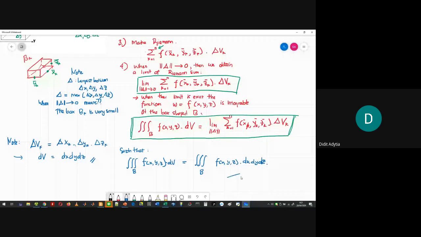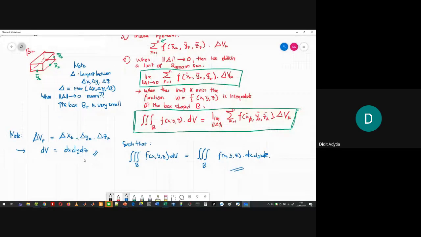This is how we calculate it, and how we define the triple integral over a box.